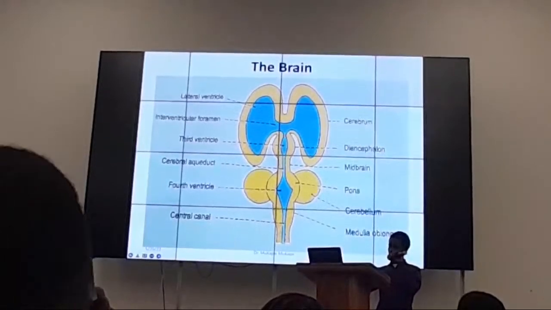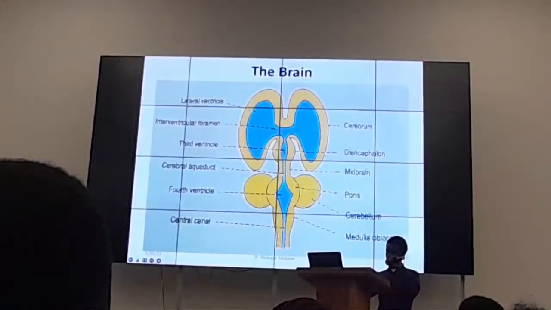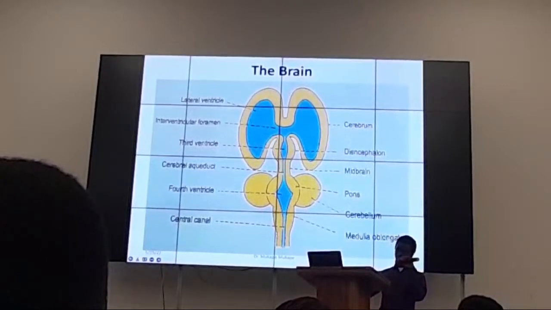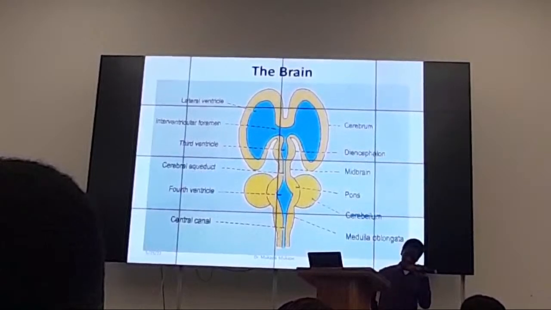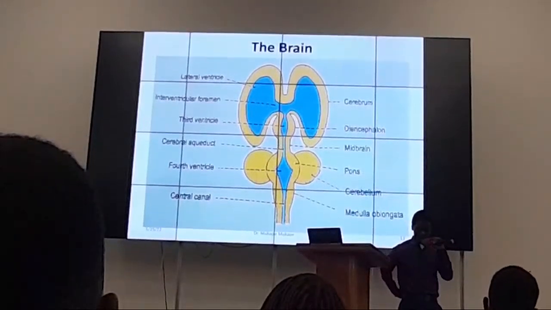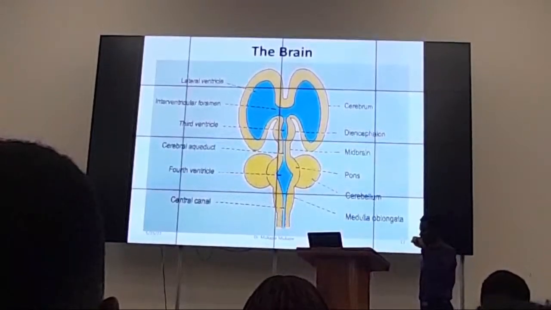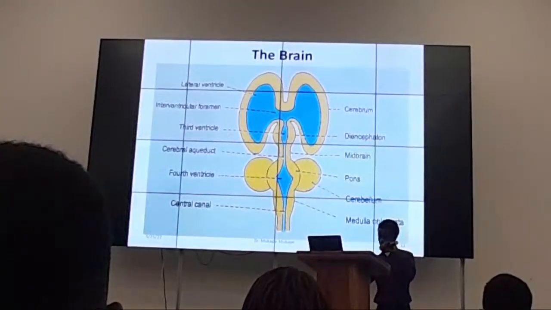And so CSF will come from the lateral ventricles, pass to the third through the interventricular foramina of Monroe, from third to fourth through the cerebral aqueduct, and then from the fourth goes to the subarachnoid space, including the lumbar space at the back, where we access CSF in lumbar puncture, either for diagnostic or therapeutic purposes.